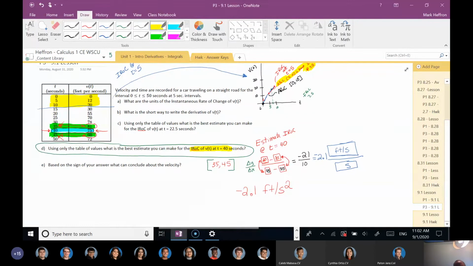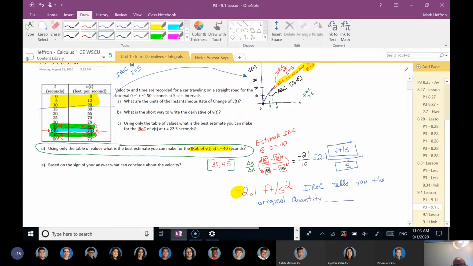And last thing, what does this negative sign mean? Caleb, do you remember what that negative sign tells us? That the IROC is decreasing. Almost. The IROC tells you about the original quantity you were measuring.